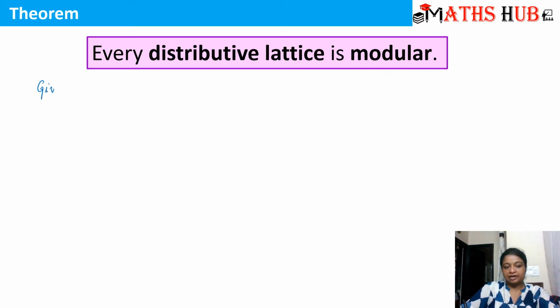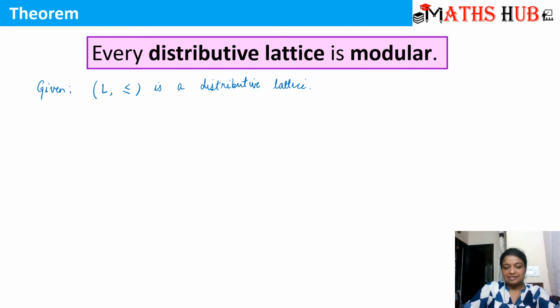We are given that L with less than equal to is a poset, and this poset is a distributive lattice, right? So if it is a distributive lattice, that means for all the elements A, B and C belonging to L, it will satisfy the distributive law, right? Now, we have to show that every distributive lattice is modular.